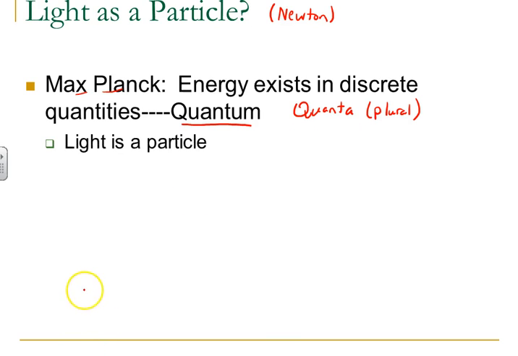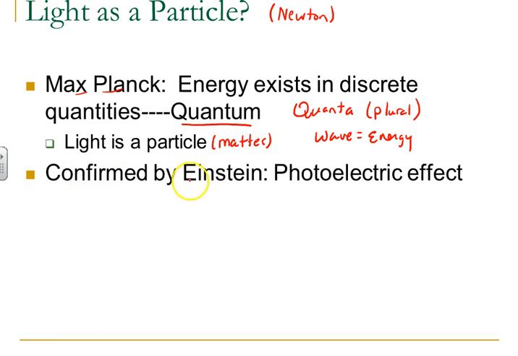It's sort of beyond this course to get into the description of why he came up with this idea, but for us it's mainly just important that he did. So light has particle, remember, means matter properties, not just wave properties. Remember, wave equals energy.